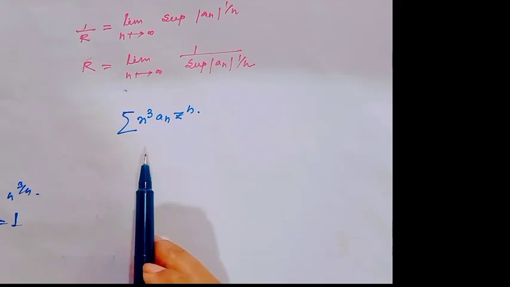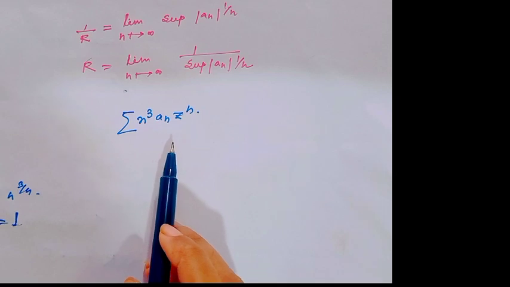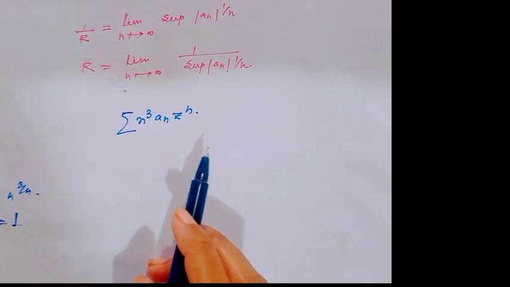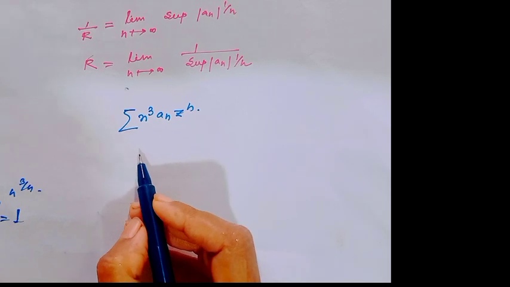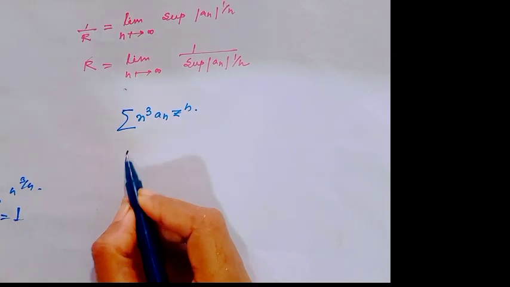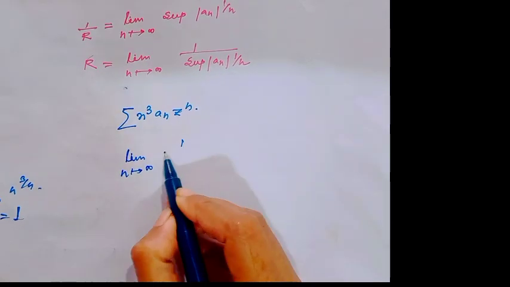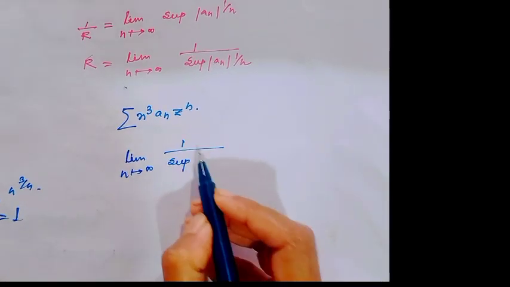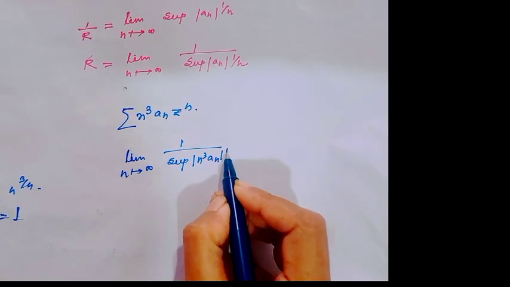Here we have to find the radius of convergence of the power series n cube a n z n. For this, I will apply Cauchy-Hadamard test. Limit n tends to infinity 1 over supremum of (n cube a n) to the power 1 over n.